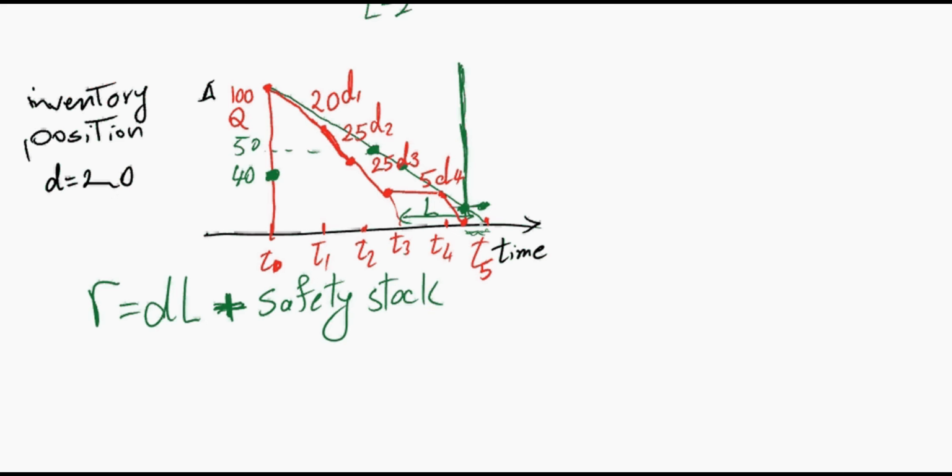Now the question is how much this safety stock should be. Maybe we have to put our reorder point at 80. If we put our order every time we reach 80, basically we have 80 units on hand, we buy another 100 units, so we have a lot of stock all the time.